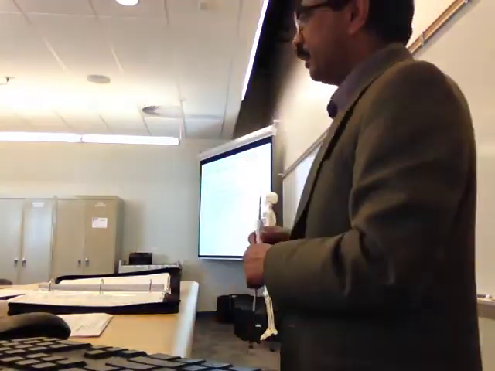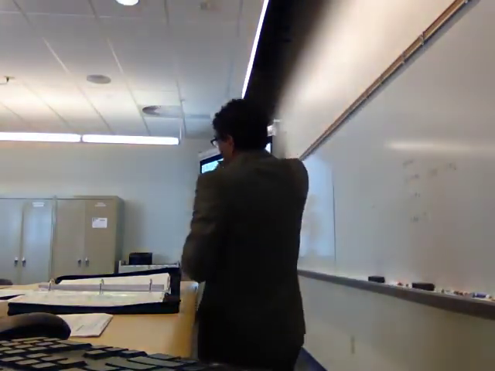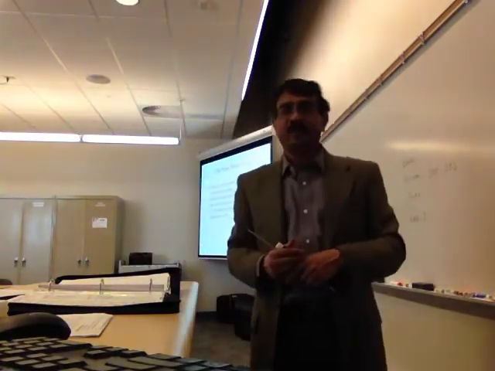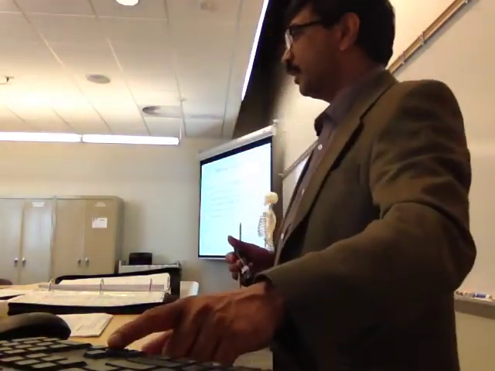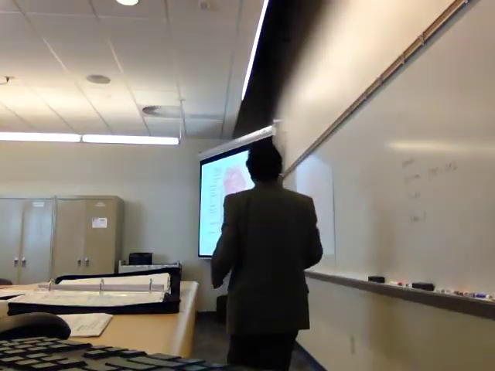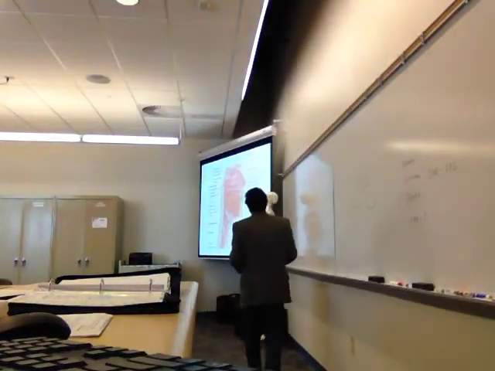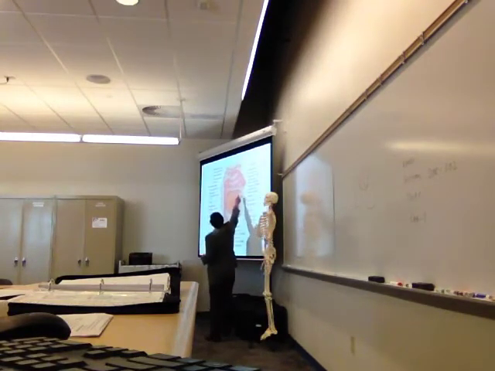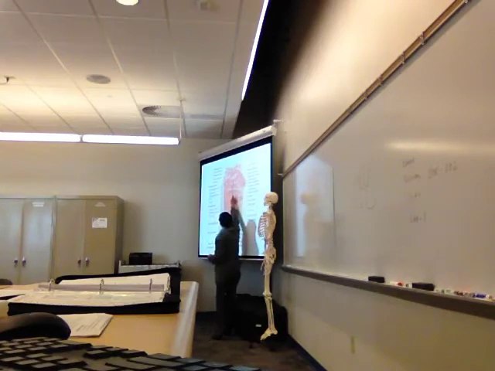And the inner lining or layer of the nasal cavity is called the respiratory mucosa. So mucosa is the innermost lining. So here you see inside the nose, this is the lateral wall of the nasal cavity.